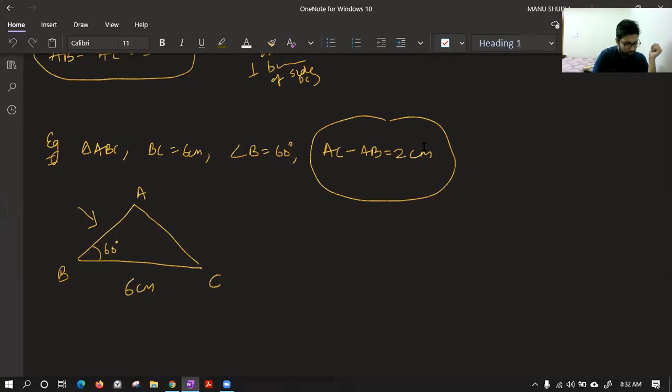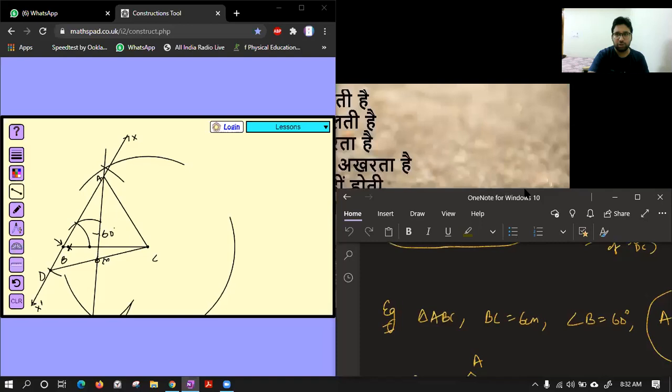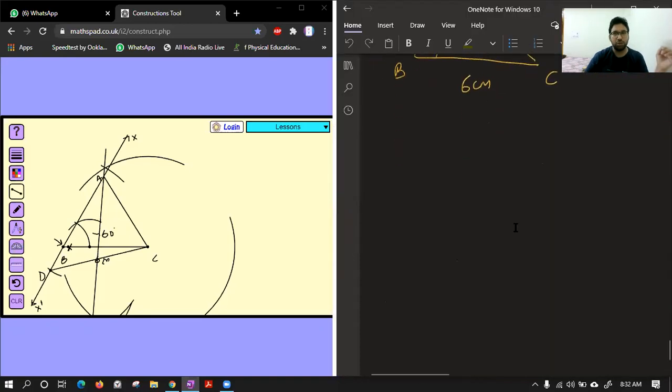I think it is done. Yes, let me show you fast. Now let us verify how it is correct. Now we know what is given to us. AC minus AB is equal to how much? Class, 2 centimeter.